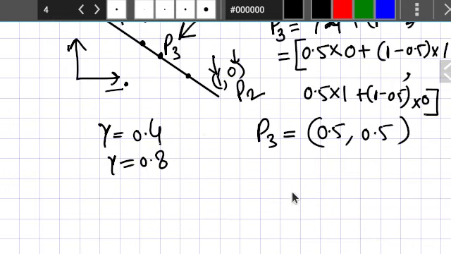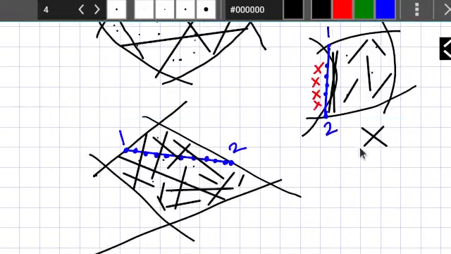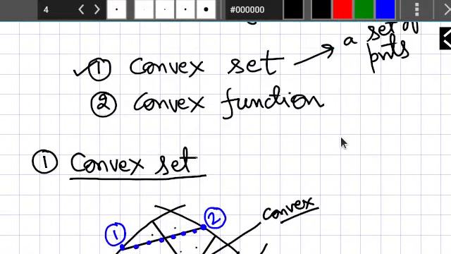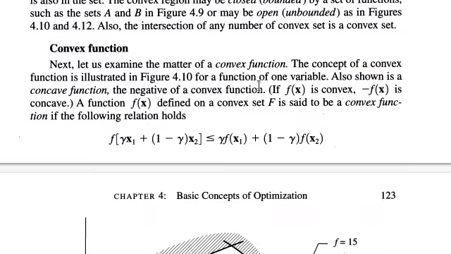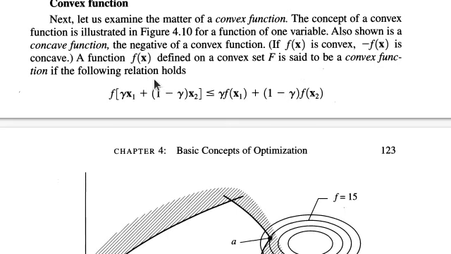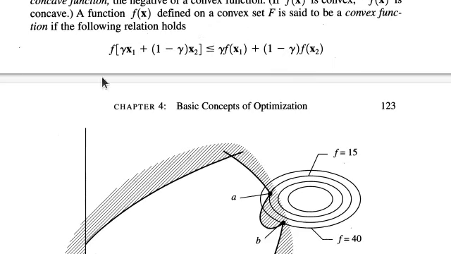Now we come to the second definition that we wanted to define here. It is convex function. How will you define a convex function? So I am showing you. Convex function is defined this way. You can read here: a function f(x) defined on a convex set is said to be a convex function when it follows this relationship.